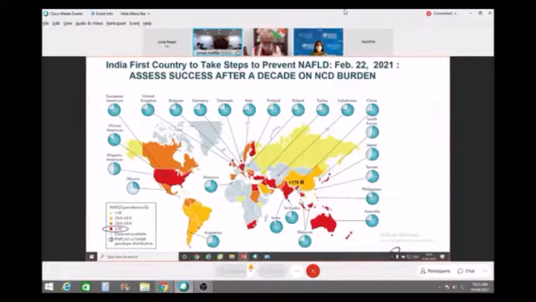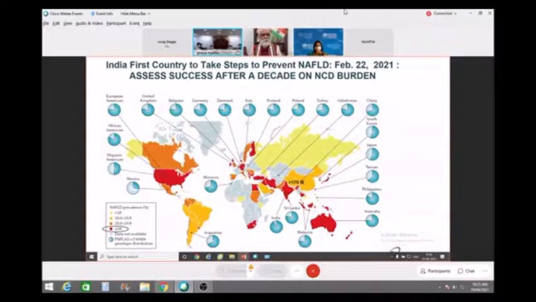Next, please. In India today, the red means more than 30% of the population has fatty liver. And this was announced by the Honorable Minister in February. Now we have to wait 10 years to see the effect of this integration.